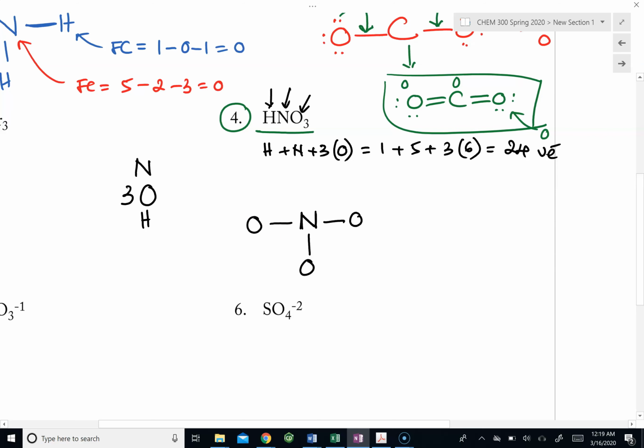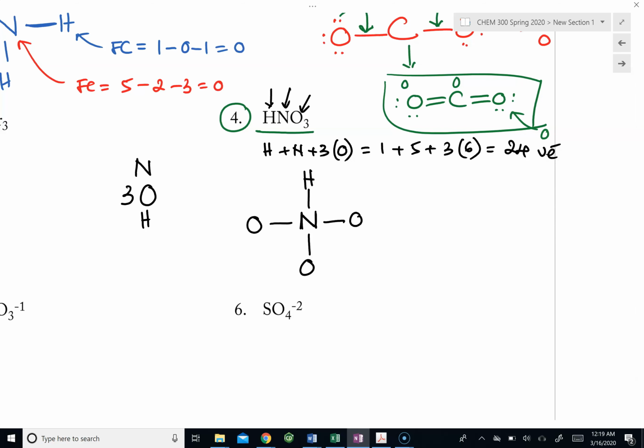Now where do we put our hydrogen? If you attempted to put the hydrogen on the nitrogen, that would be wrong, because if we put the hydrogen right here immediately, we would complete an octet for this nitrogen.